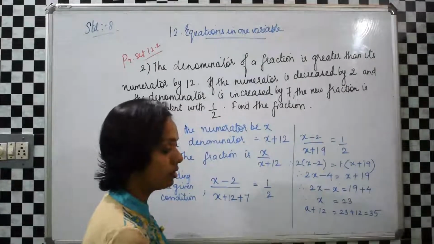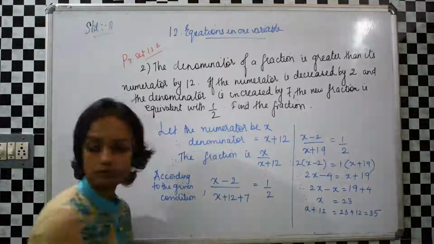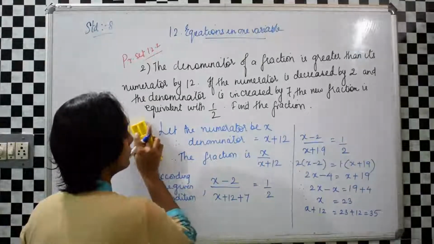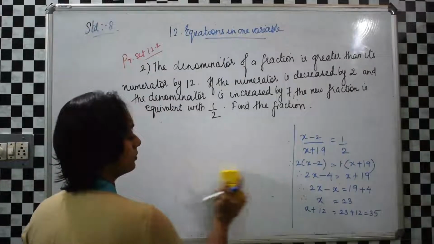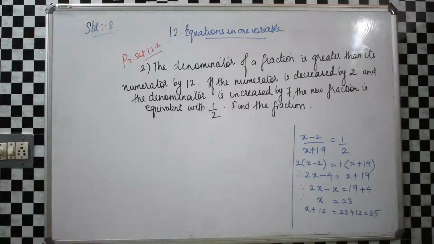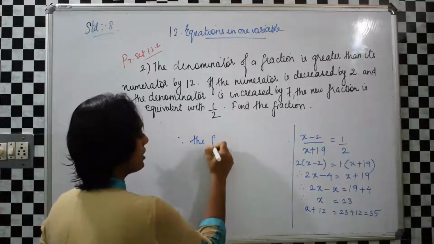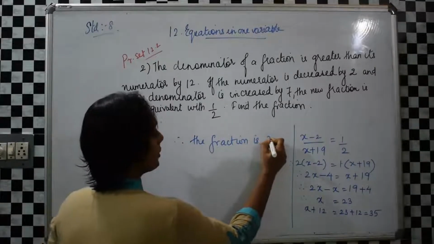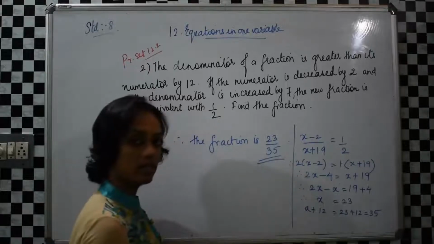So 23 upon 35 is your fraction. Therefore, the fraction is 23 upon 35. So this is your answer.